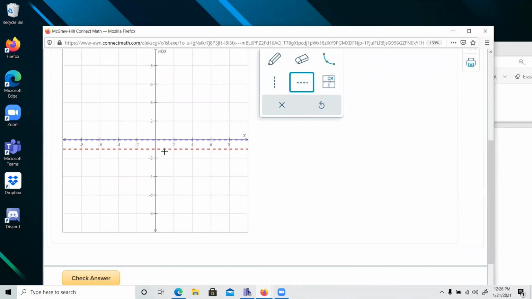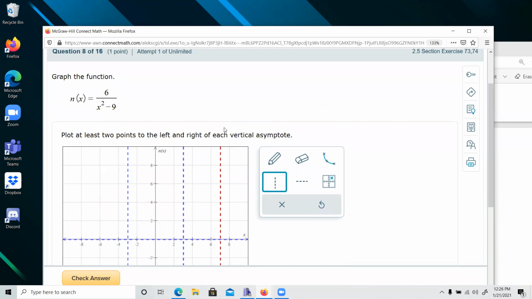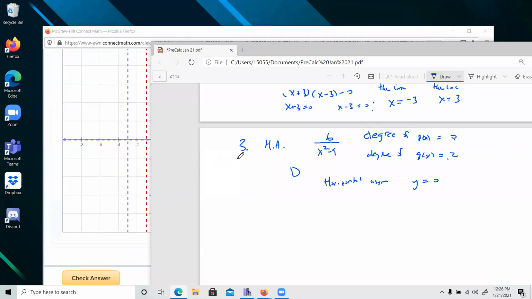So we've got that one, we got that one, and we have that one. We need points in each of these intervals. So let's pick our favorite points in between positive 3 and negative 3.